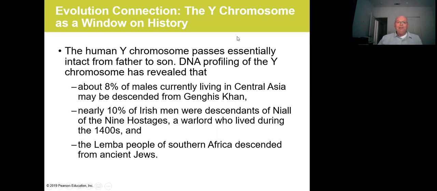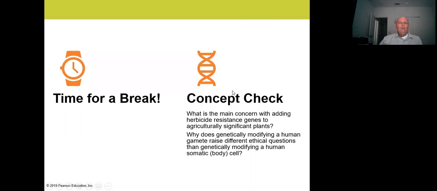Anyway, that brings us to the end of this chapter, and of course to the end of the semester as far as the presentations are concerned. One more concept check questions. Yes, you knew that there were going to be a couple more concept check questions. So what is the main concern about adding herbicide resistance genes to agriculturally significant plants?